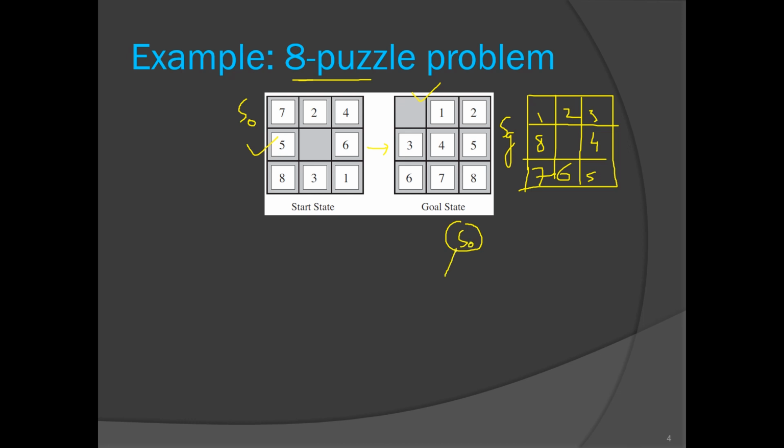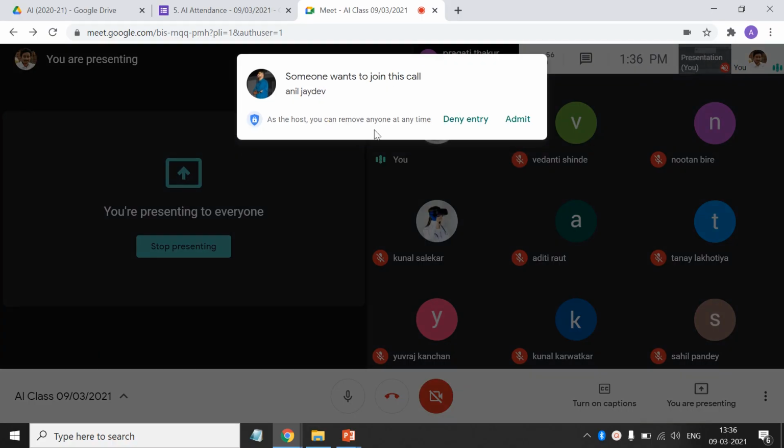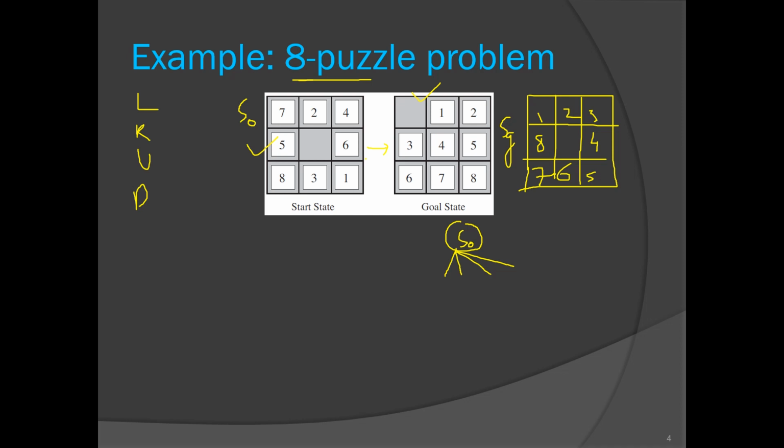Now which actions are possible for me from this S0? For each tile I can move that tile left, right, up and down, right? So 4 actions are possible for these 8 tiles. That means I have a total of 32 actions.